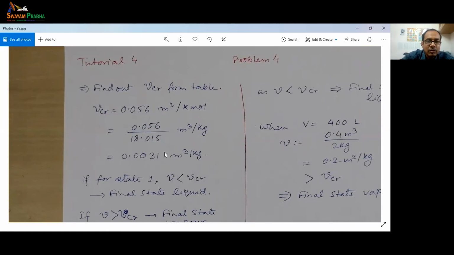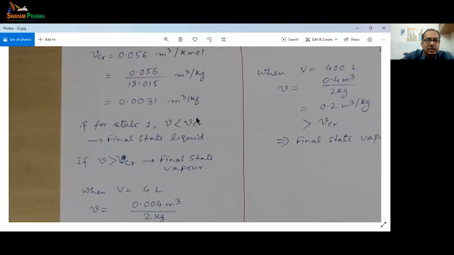So we need the molar mass as well. It is also given in the same table. For water, the molar mass is 18.015 kg per kilomole. So you just divide it, and you get the specific volume at the critical point to be 0.0031 meter cube per kg.